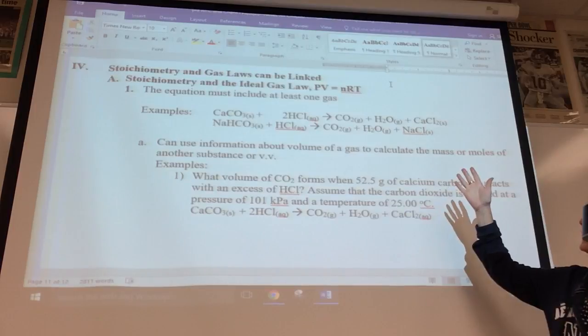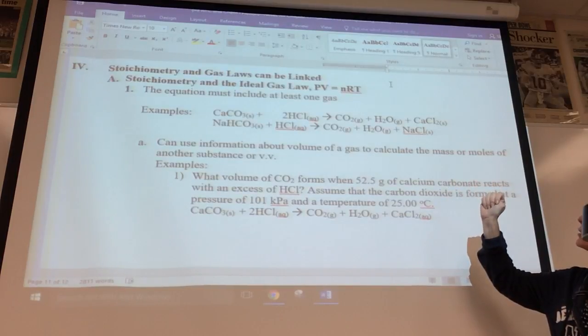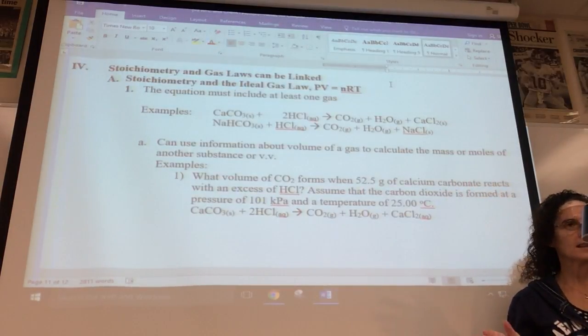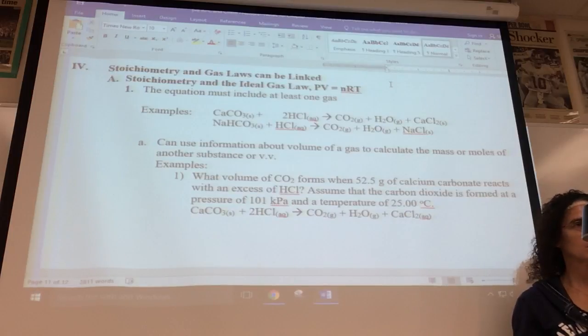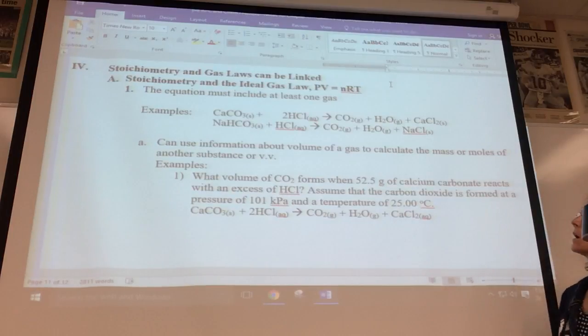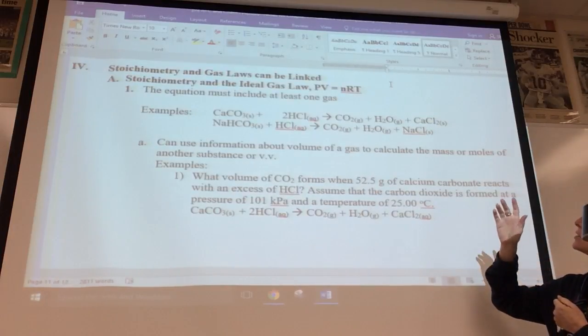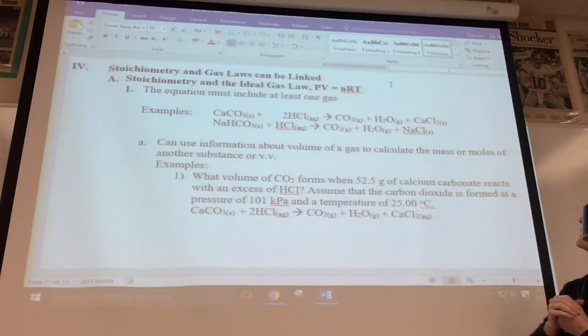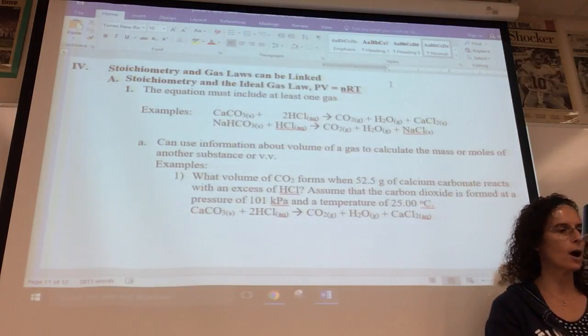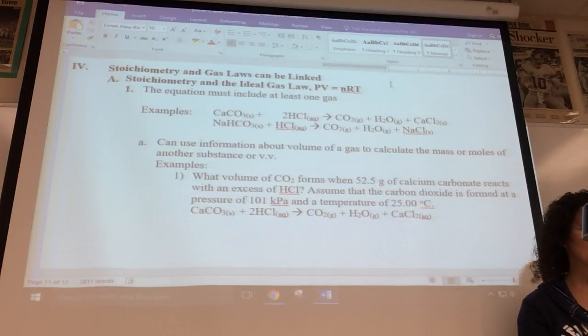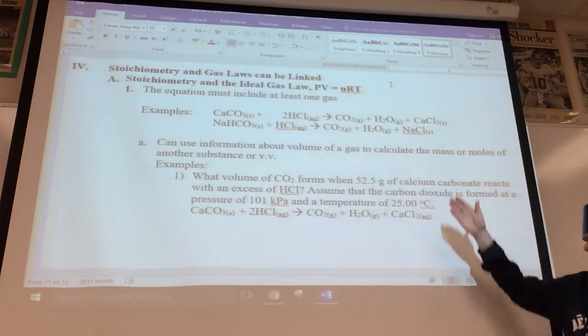The first thing you're looking at here is the equation must include at least one gas, otherwise the ideal gas law cannot be used. For example, in the first equation you have calcium carbonate reacting with hydrochloric acid to generate carbon dioxide, water, and calcium chloride. So you have at least two gases there, carbon dioxide and water. And you ran a reaction very similar to that one in your stoichiometry lab.